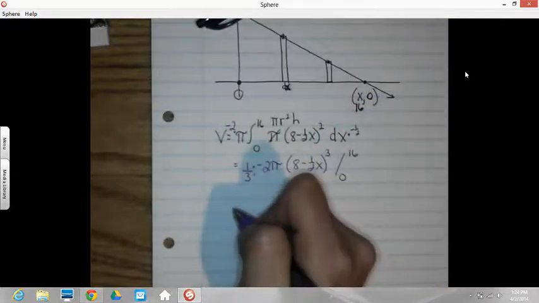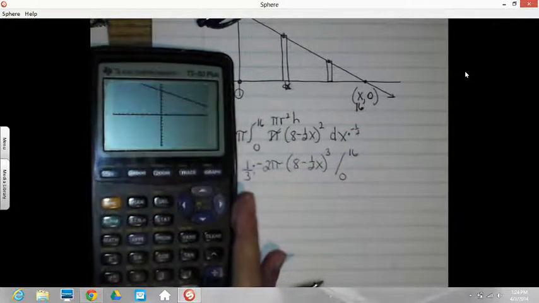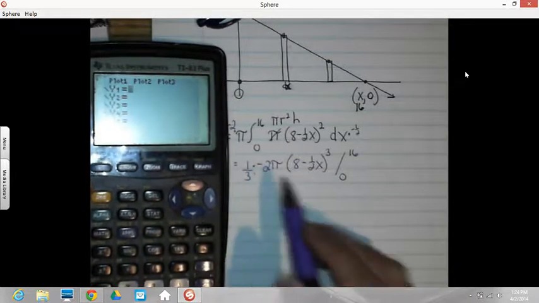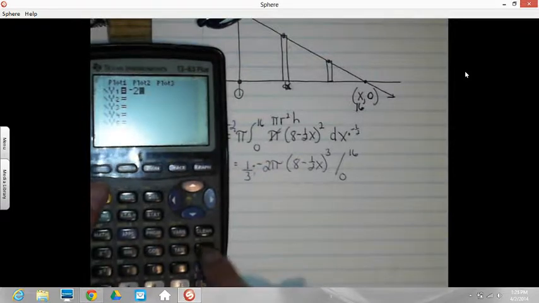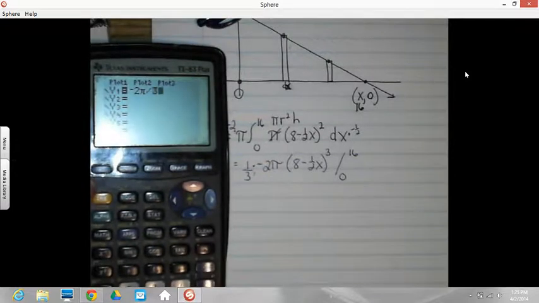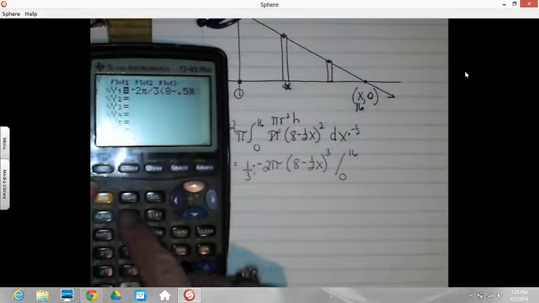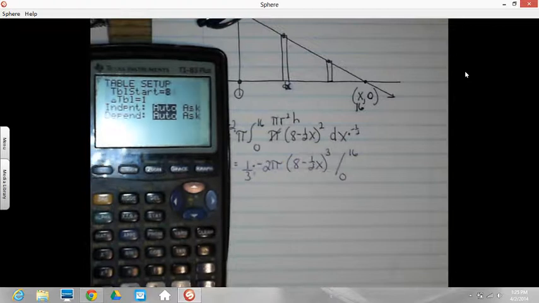Okay, so let's see, that'll be a negative 2/3 pi, negative 2 pi divided by 3, 8 minus 0.5 x quantity cubed, and I want to start at 16.